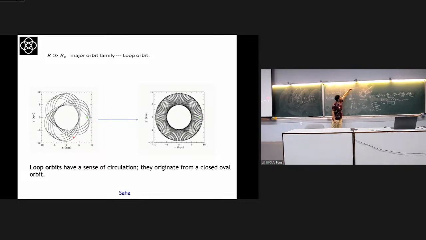So a simple solution gives you an unphysical solution. We get a dark matter density distribution that blows up at the center, with very high density, and its total mass also becomes infinite. It can't be a physical solution.